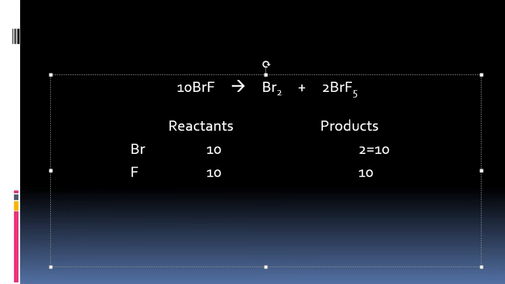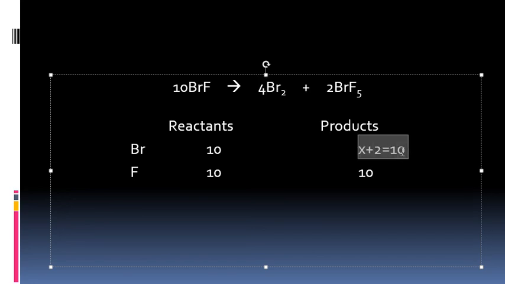Let's see what coefficient we can add in front of Br2 to essentially give us a total number that, when added to 2, gives us 10. So, in other words, what times 2 then plus 2 gives you 10? Well, 10 minus 2 is 8. Therefore, what we're going to need is something times 2, which gives us 8, or just 4. 4 in front of Br2.